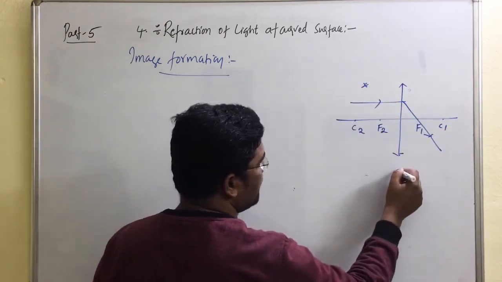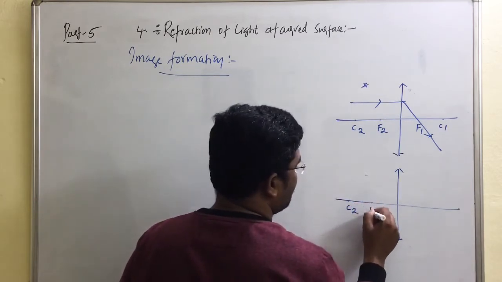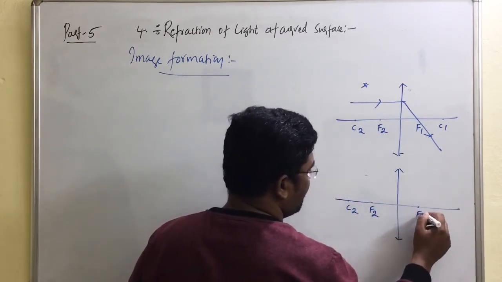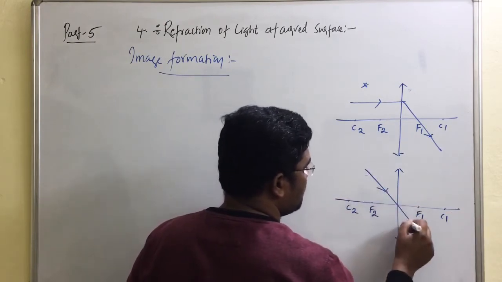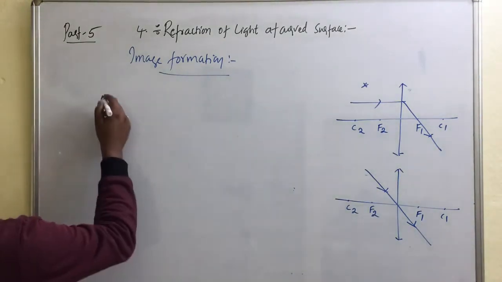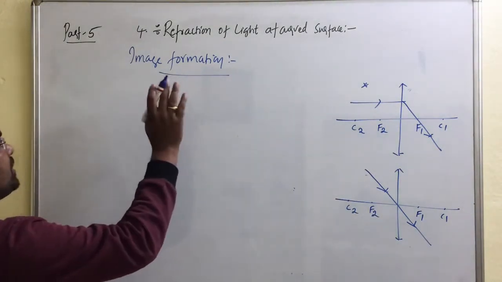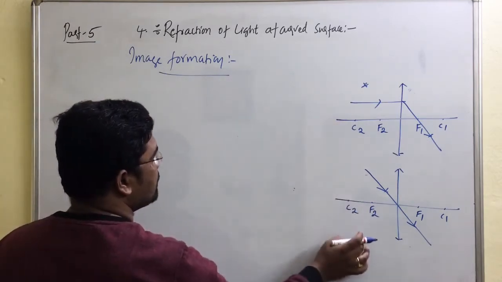We have also seen that a light ray passing through the optic center is undeviated. These are the two situations that are important for us when drawing a ray diagram. So let us draw the ray diagram showing image formation when the object is placed at various positions by using these two situations.